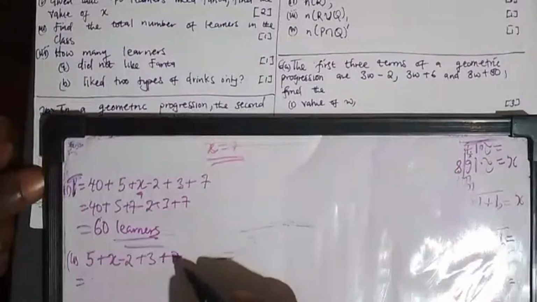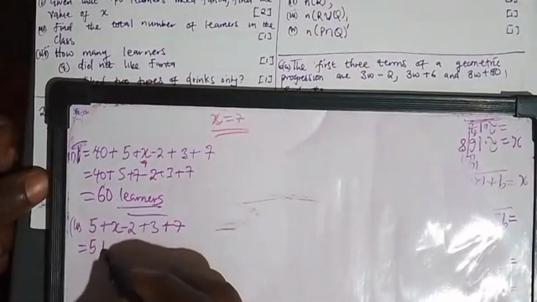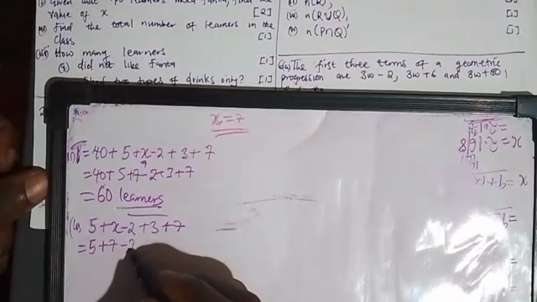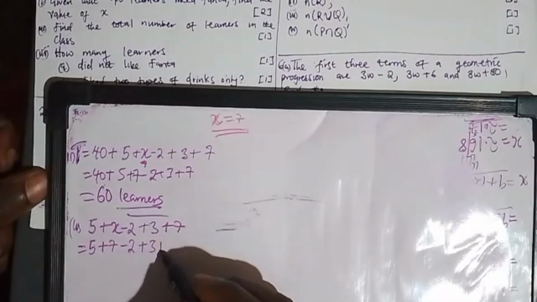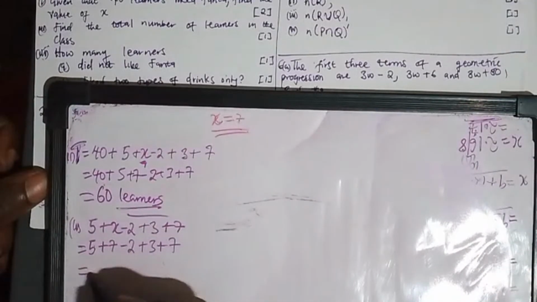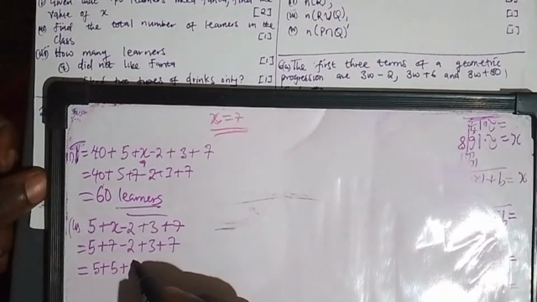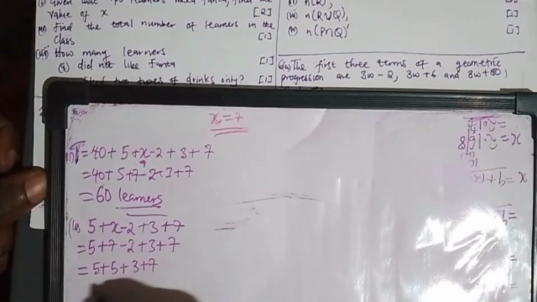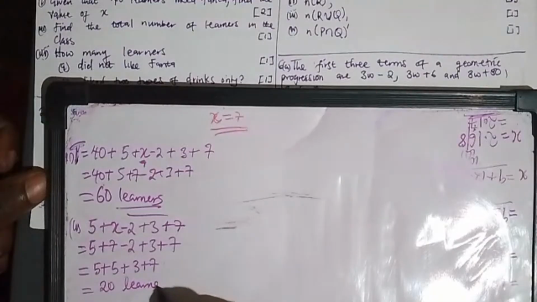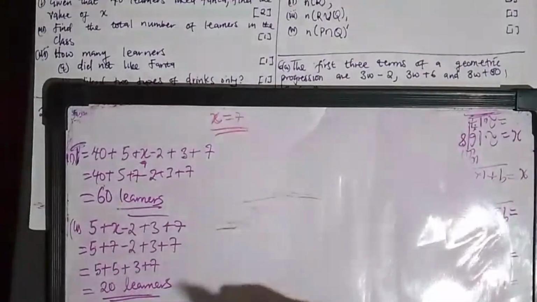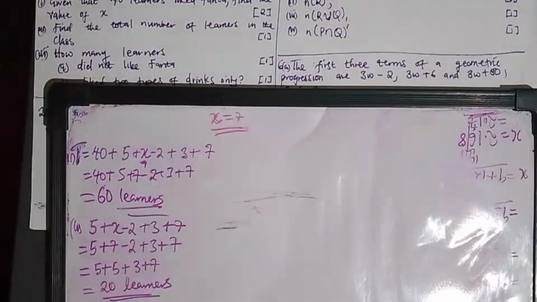So you're going to say 5 plus 7 minus 2 plus 3 plus 7. Again, you have your calculator. We have 5 plus 5 plus 3 plus 7, which will give us 20 learners. Yeah. So this is how simple the question of sets is.